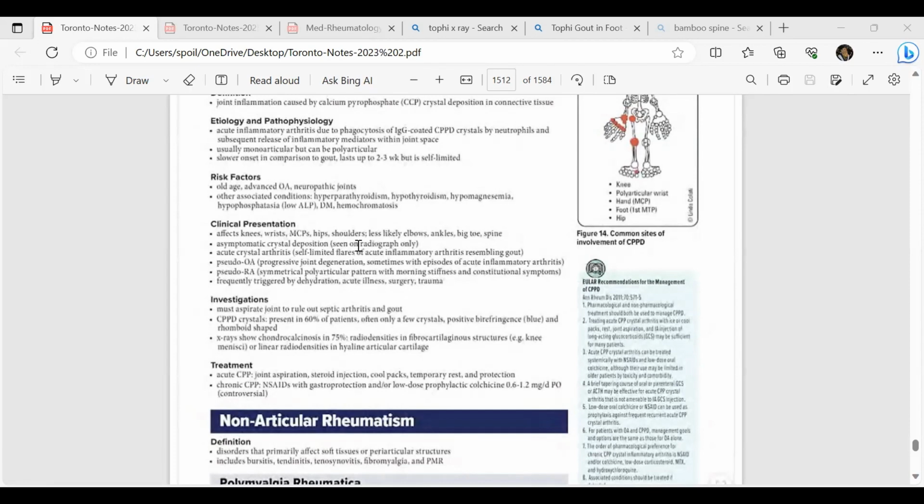In investigations, by joint aspiration we might get these crystals, and the aspirate helps distinguish from septic arthritis and gout.